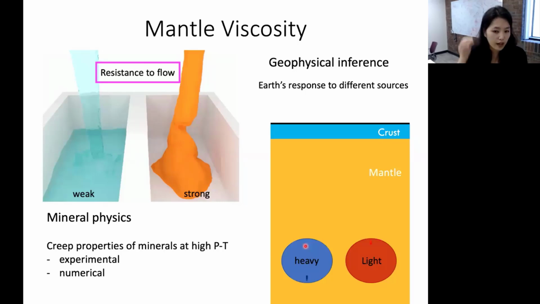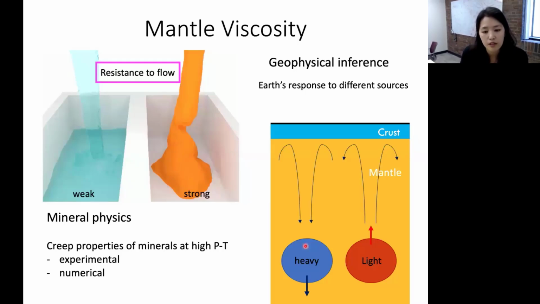And you can impose that buoyancy structure in the mantle. You can imagine the surrounding mantle will flow in a way that responds to this source. So by observing this deformation through gravity or geoid or even plate tectonics, you can try to infer the mantle viscosity.